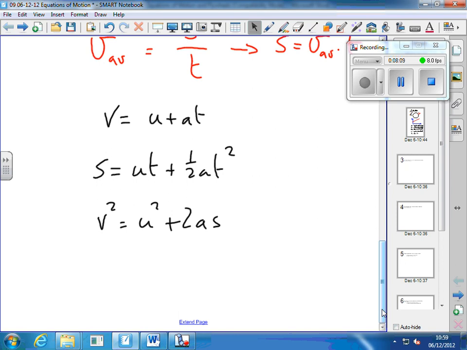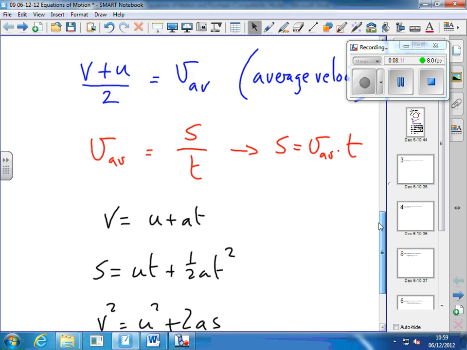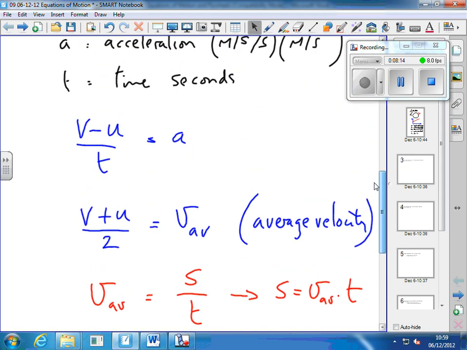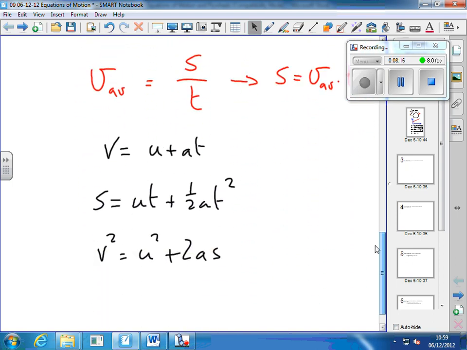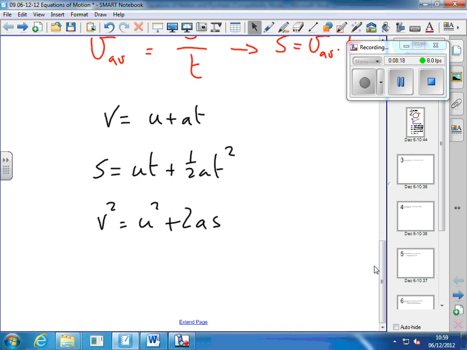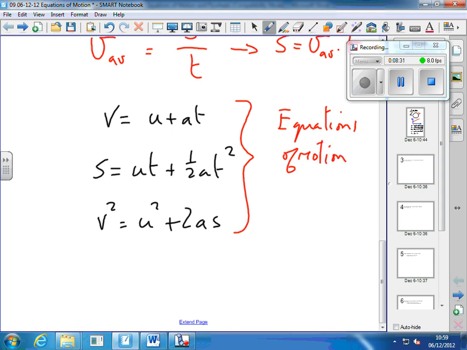All those 3 formulae can be arrived at by considering just the ones we've looked at. By rearranging those formulae and making certain substitutions, we can come up with these equations of motion. And they've been derived because each of them has certain property that's useful.